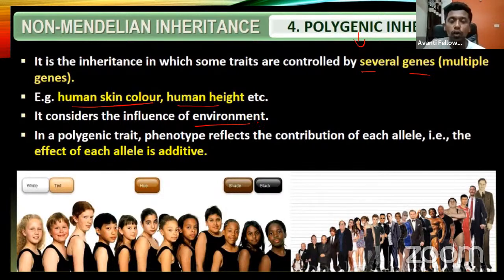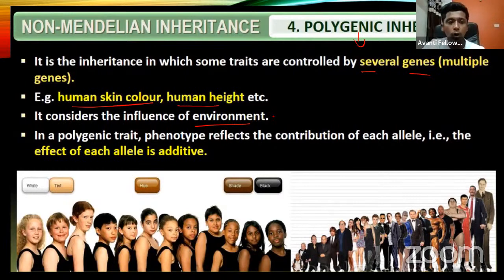Or even the food you eat will determine whether you are going to become fair or dark. It is very possible, isn't it? So environmental factors actually govern a lot. They influence these characteristics a lot, for example, human skin color or human height.